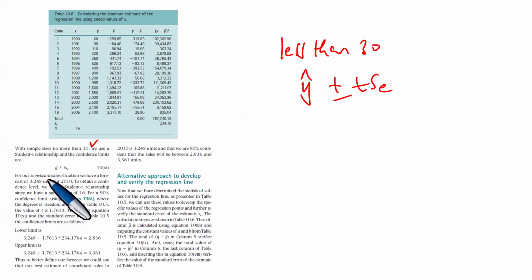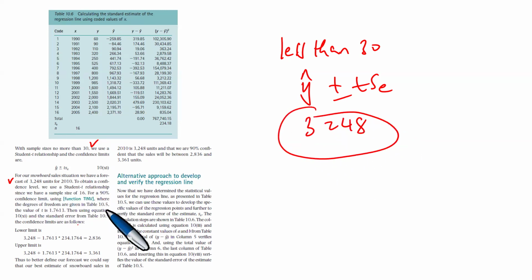For our snowboard sales situation, we have a forecast of 3,248 units for 2010. We saw that one. To obtain a confidence level, we use a Student t relationship, because we're dealing with a sample size of no more than 30.